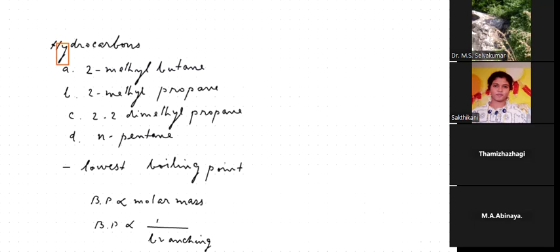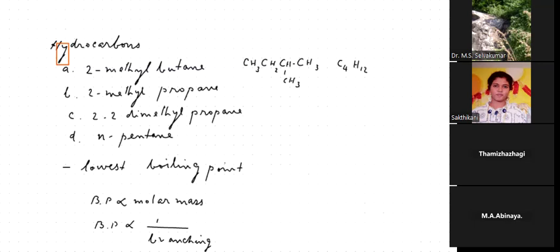Now look at this compound, 2-methyl butane. Try to write its structural formula: 4 carbons, and in the second carbon a methyl group is attached. So it is CH3, CH3, CH, CH2, CH3. So the molecular formula is C5H12.